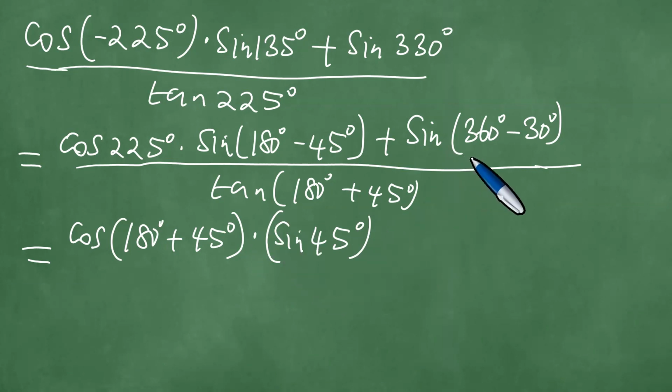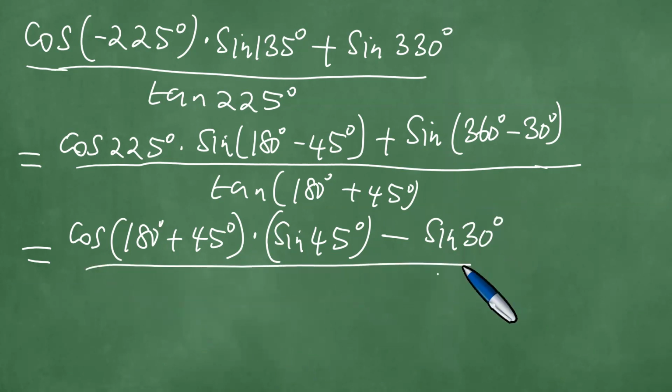Then 360 minus 30 is in the fourth quadrant, in which the sine is negative. 180 plus 45 is in the third quadrant, in which the tangent is positive and the cosine is negative.